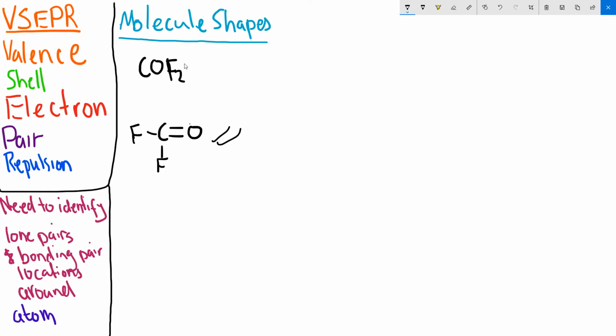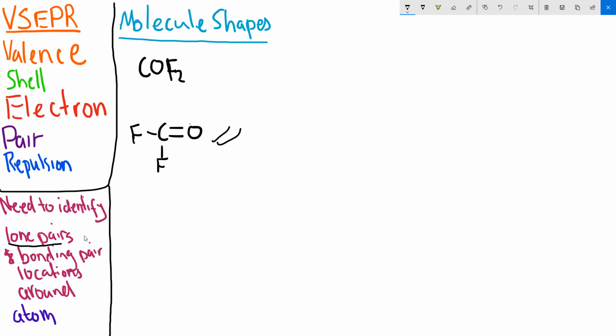Now, what we need to look for in order to determine the molecular shape and then draw it is the lone pairs of electrons and the bonding pair locations around the central atom, which I've missed the word there, classic.